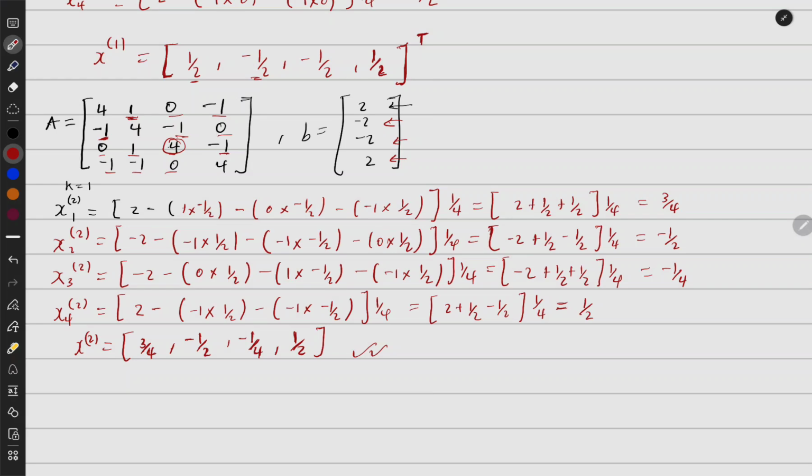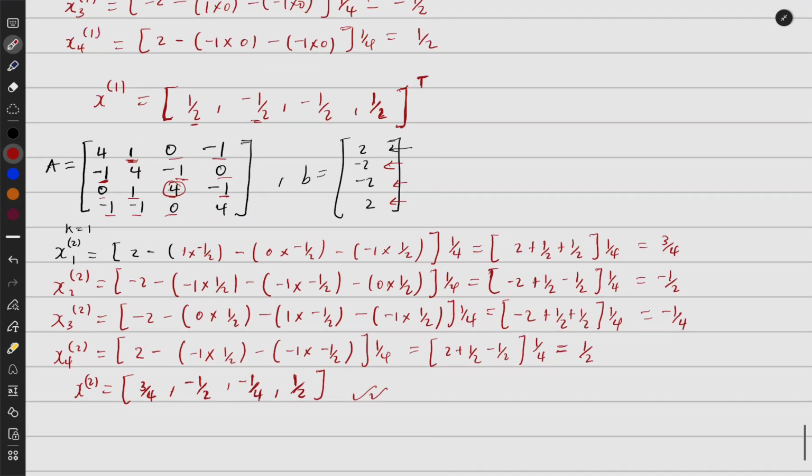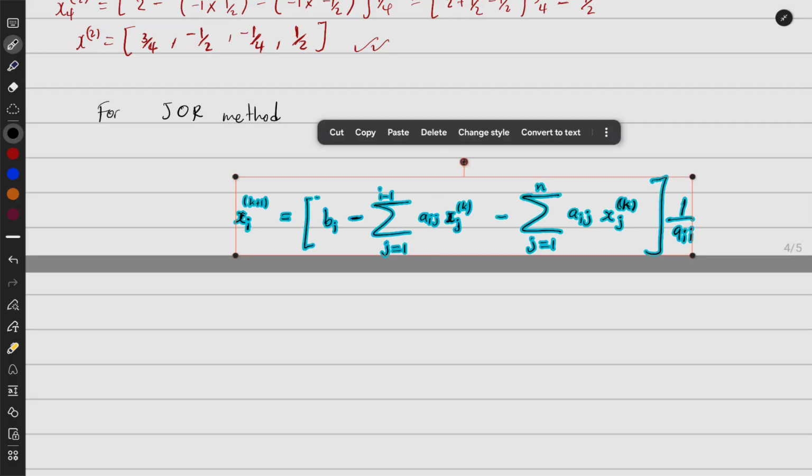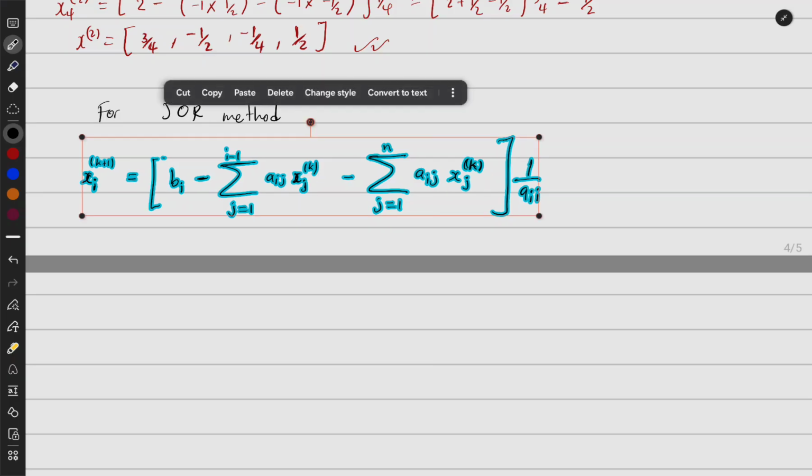So that's how we can use the Jacobi method. However, we can also use the Jacobi over-relaxation method in the same way. For the Jacobi relaxation method, we can use the same iteration.